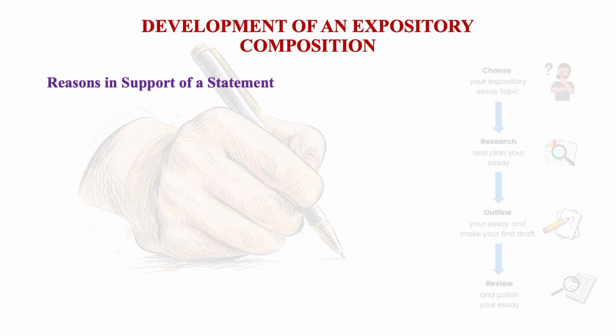Now the third technique which is used in the development of an expository composition is reasons, reasons in support of a statement. Now how do you put it into writing? Supposing we are supposed to give reasons in a paragraph. What do you understand by a reason?